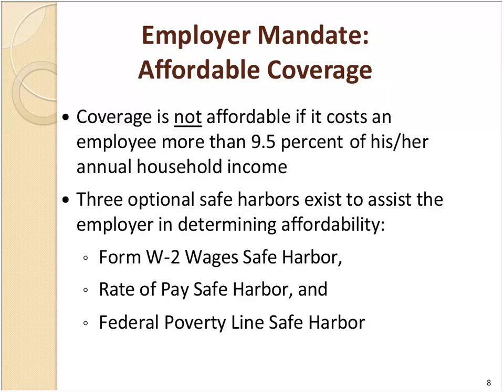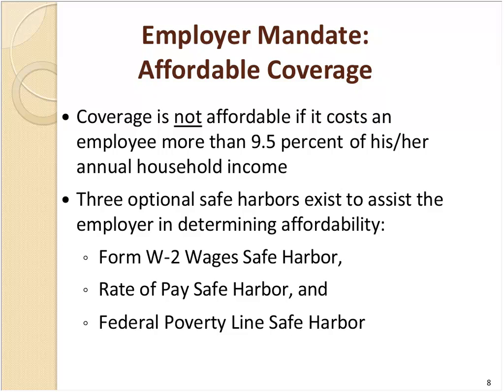A third safe harbor is the federal poverty line. You can find out what the federal poverty line for your area is, and whatever that is, if the premium you charge any employee is no more than 9.5% of that federal poverty line, then the employer has met the safe harbor too.